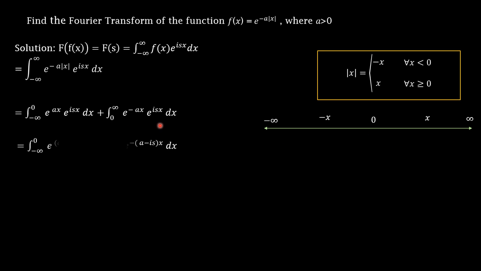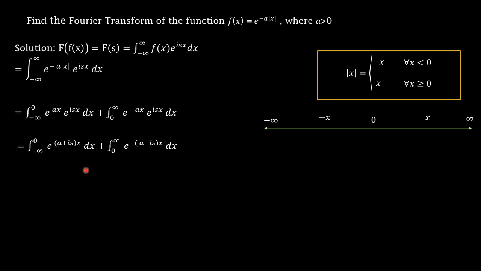I can rewrite this integral as integration minus infinity to 0 e to the power (a plus is)x dx plus integration e to the power minus (a minus is)x dx, where your x is varying from 0 to infinity.